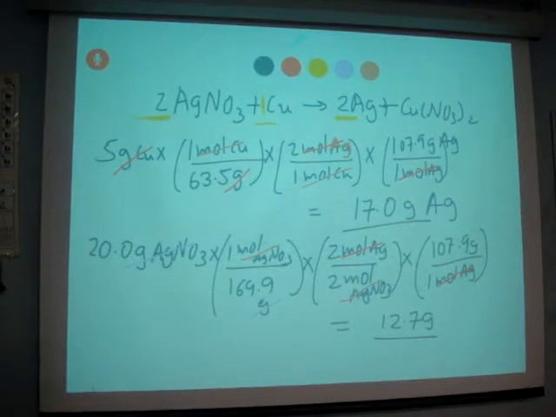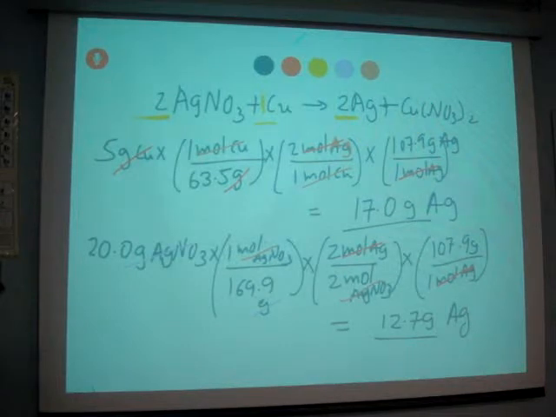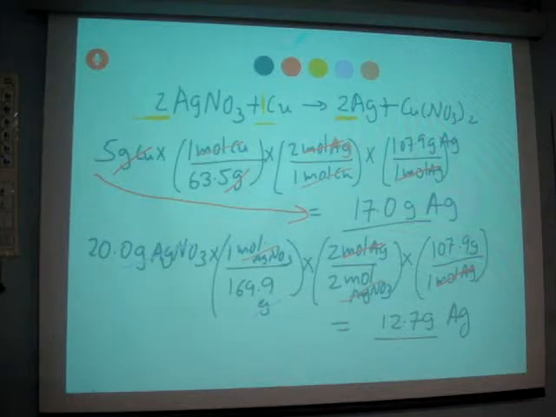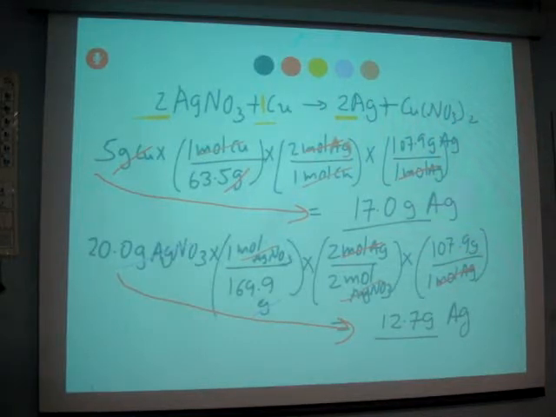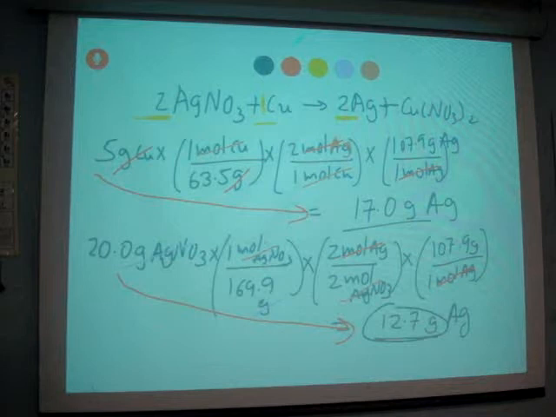12.7 grams of silver. Now when you look at these two numbers, 5 grams of copper produce 17 grams of silver, and 20 grams of AgNO3 produce 12.7 grams. Let me write down grams. It looks like 79. No, it's 12.7 grams. Out of these, we consider the least amount, 12.7 grams.